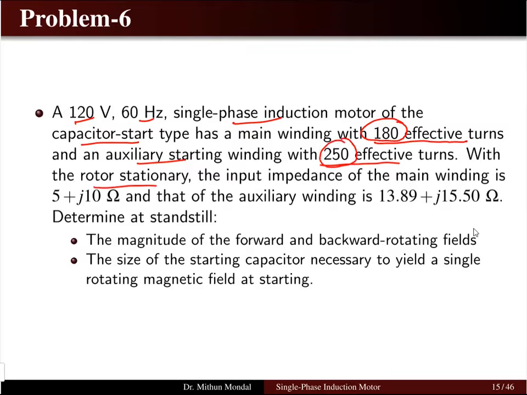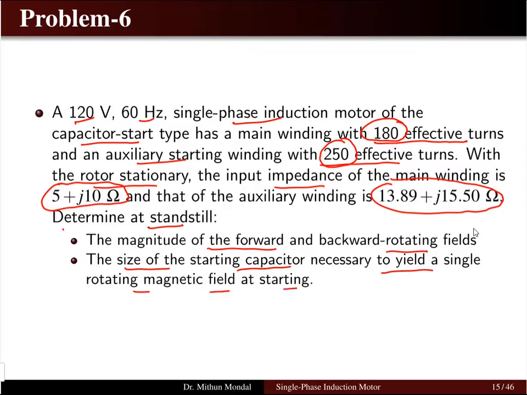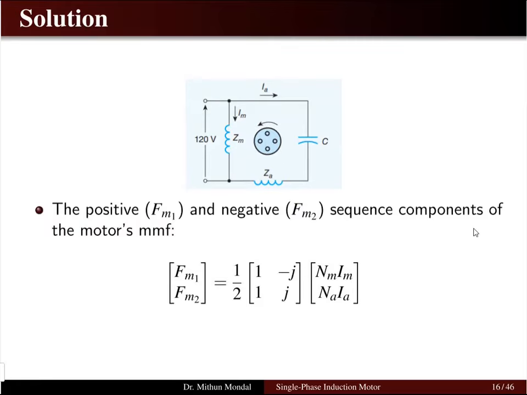With the rotor stationary, the input impedances are given for the main winding and the auxiliary winding. What we have to determine at the standstill condition is the magnitude of the forward and the backward rotating fields, and the size of the starting capacitor necessary to yield a single rotating magnetic field at starting. These two items are the list we have to calculate. So let us see the solution.